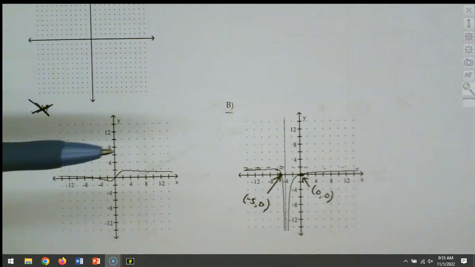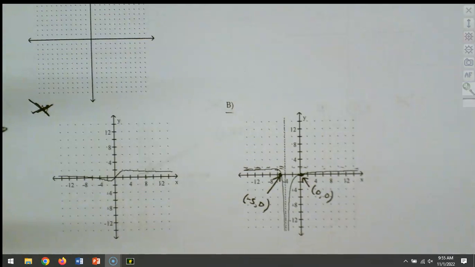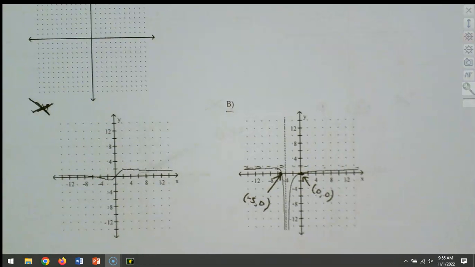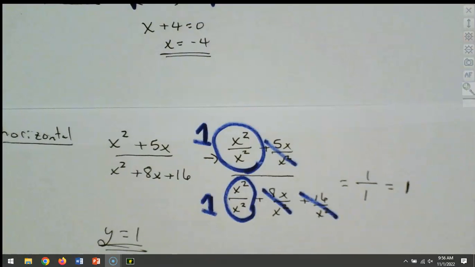The main thing is process of elimination. Find your verticals, your horizontals. Maybe find the intercepts if you need them. Okay. And I'd be able to identify everything from the graph. So that's the important parts here. So the answer for 10 should be then what? Should be B.